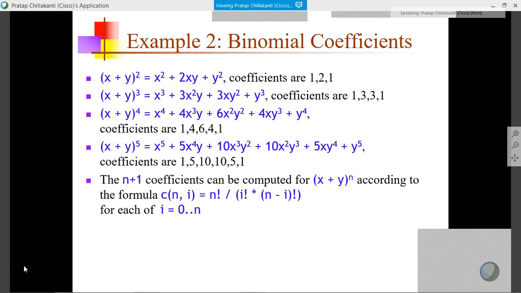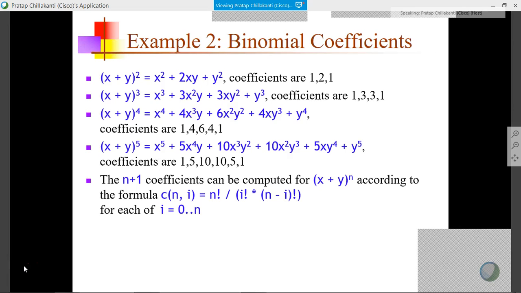So it's actually a combinatorial formula, and the formula is n factorial divided by i factorial times n minus i factorial. We learned that from our intermediate days, right? Where did we learn that? In trigonometry, I think. Okay.